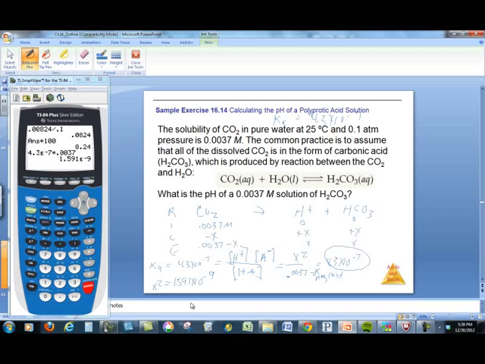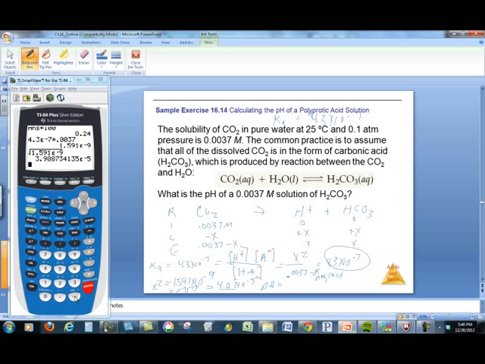Let me see, did I do that right? Alright, so x is going to be the square root of that, which I get as 4 times 10 to the minus 5. That is my concentration, and my pH is going to be the negative log of this.